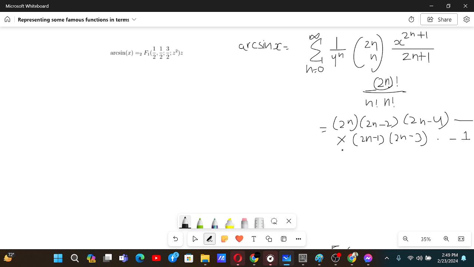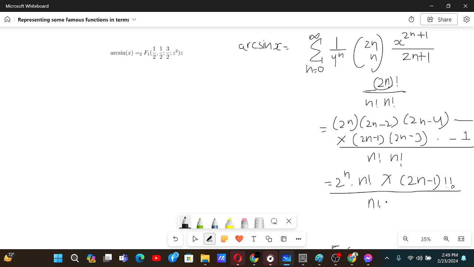Now if I take 2 common from all of the even factors, I will have 2 to the power n times n factorial. And when there is a gap of 2 between consecutive factors, this can be written as 2n minus 1 double factorial. This is basically the definition of double factorial, by n factorial into n factorial.